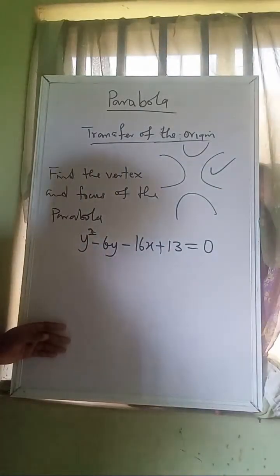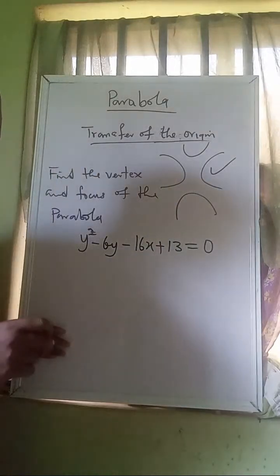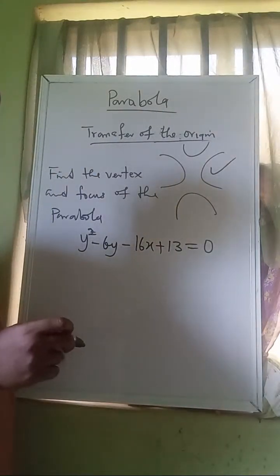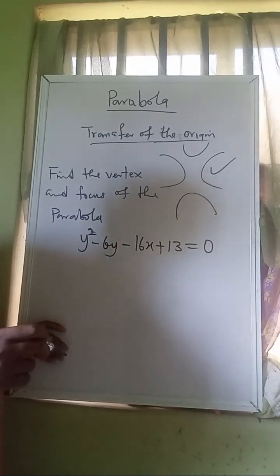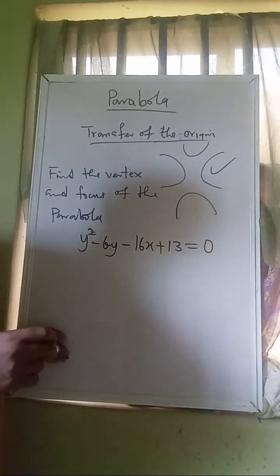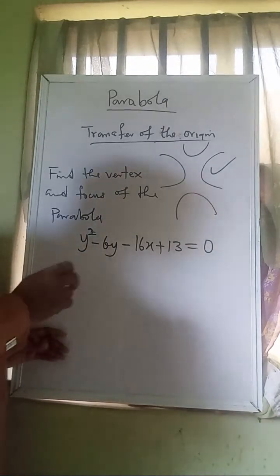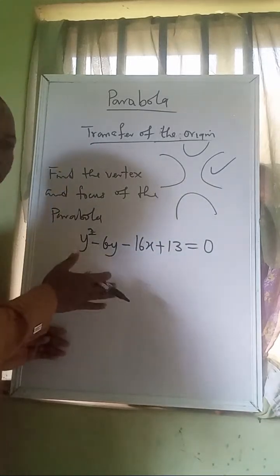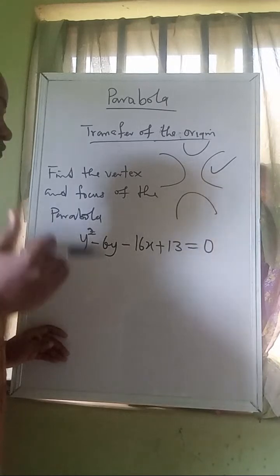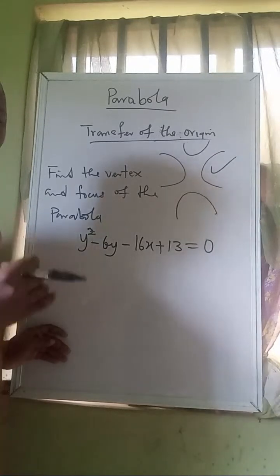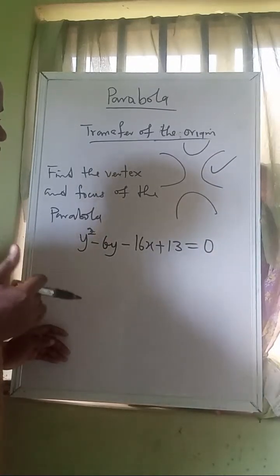So let's look at this. We want to find the vertex and focus of this parabola. The first thing to do is to write this in the standard form of a parabola, after which we will deduce what we are asked to find.